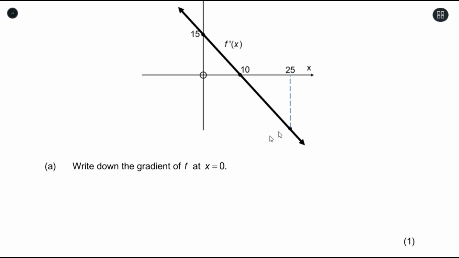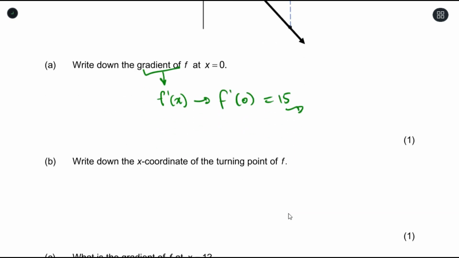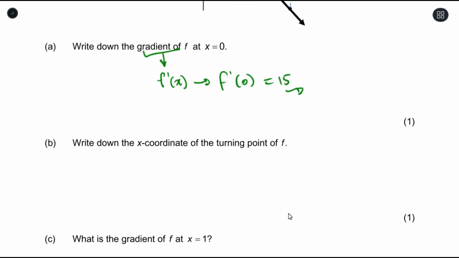Now, whenever they ask you for the gradient of f, it's a fancy way of saying that they want the derivative at x equals 0. And from what we can clearly see here, when x is 0, this value here is 15. So your answer here is just 15. Okay. For B, it says write down the x coordinate of the turning point of f.